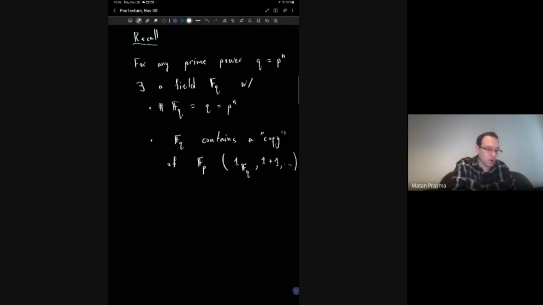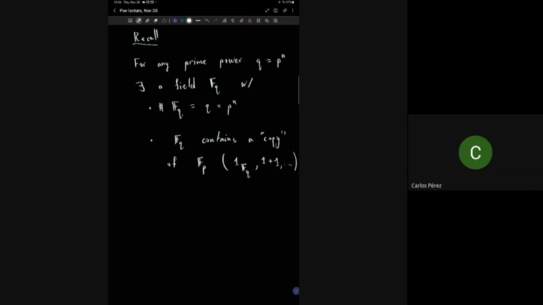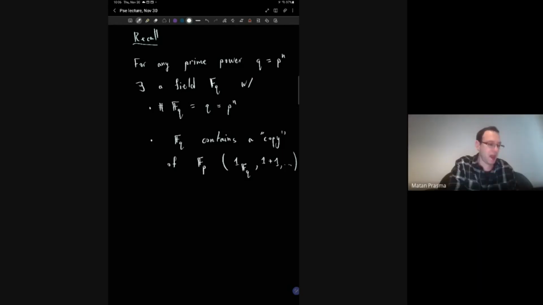So Q is a power of P, right? Remember that a field can only have a characteristic P for some prime P. Sure, yeah. So Q is, okay, like an extension.